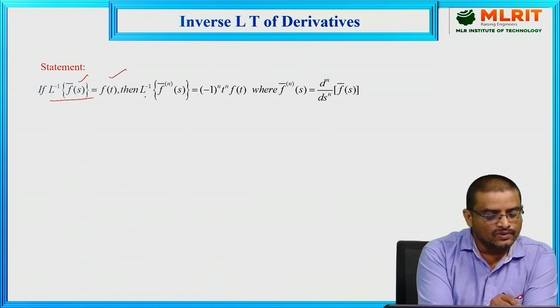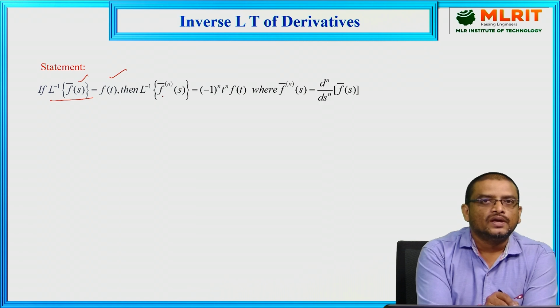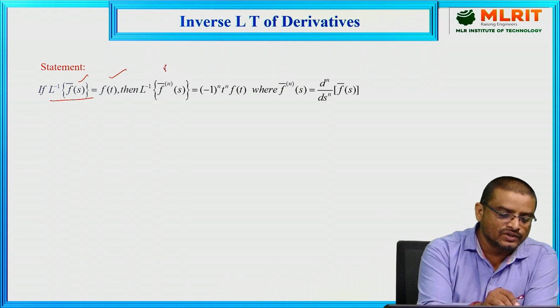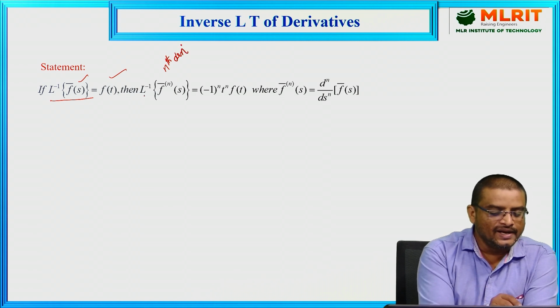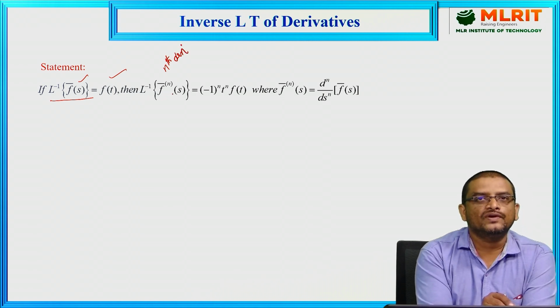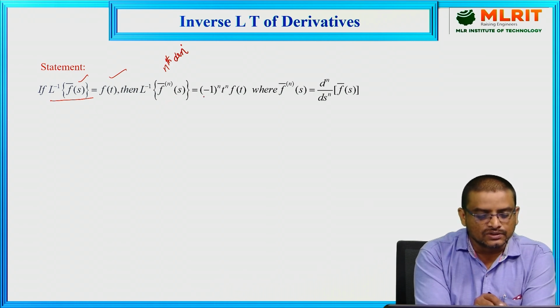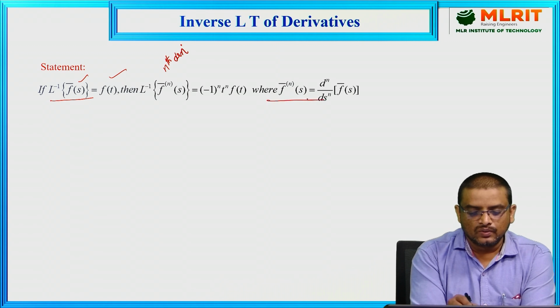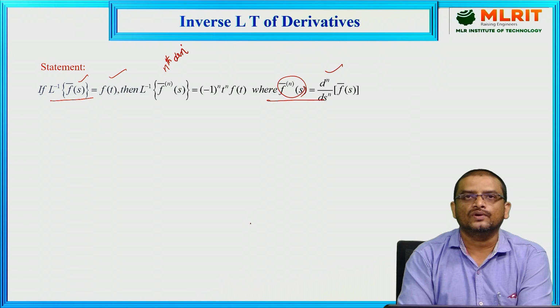Then the inverse Laplace transform of f bar power n, this we can call as the nth derivative. So we will read it as L inverse of nth derivative of f bar of s is equal to minus 1 whole to the power of n into t power n f of t.